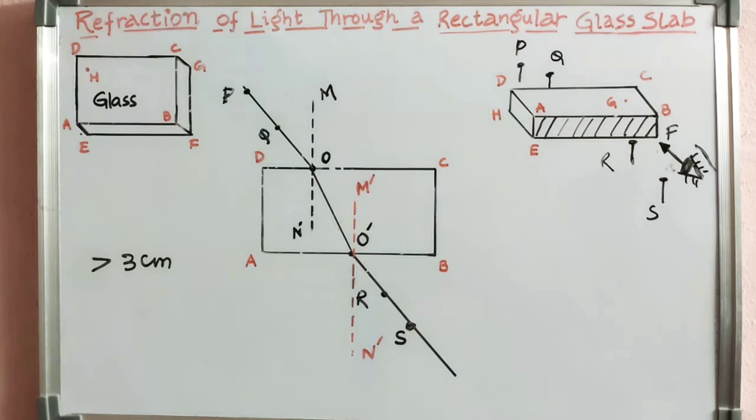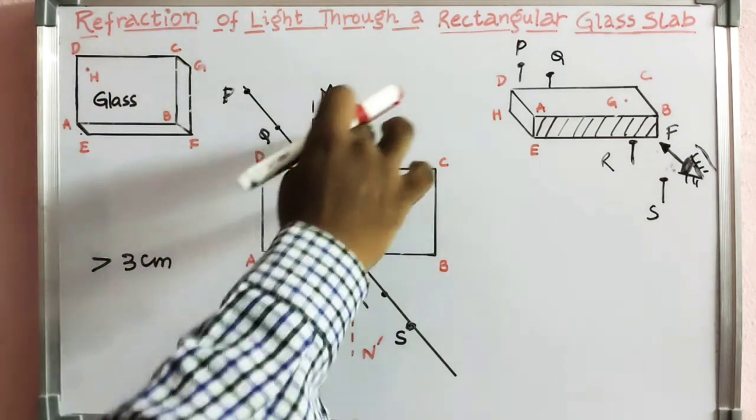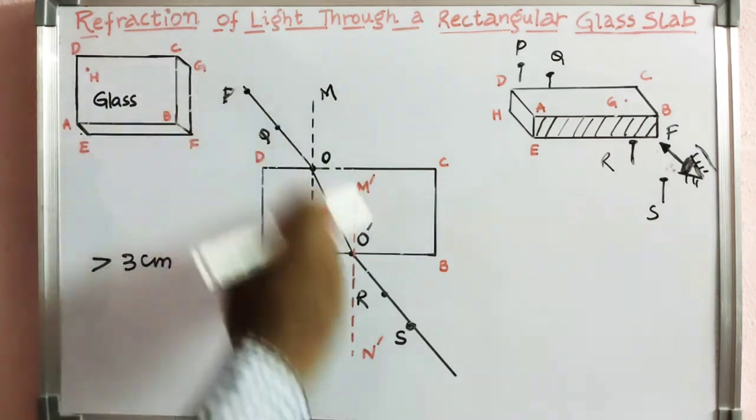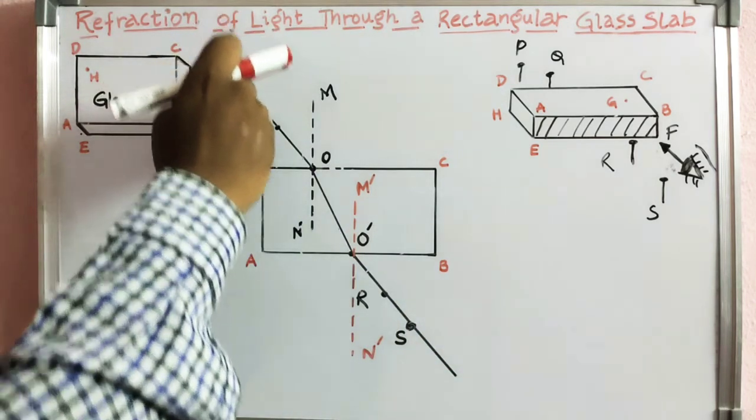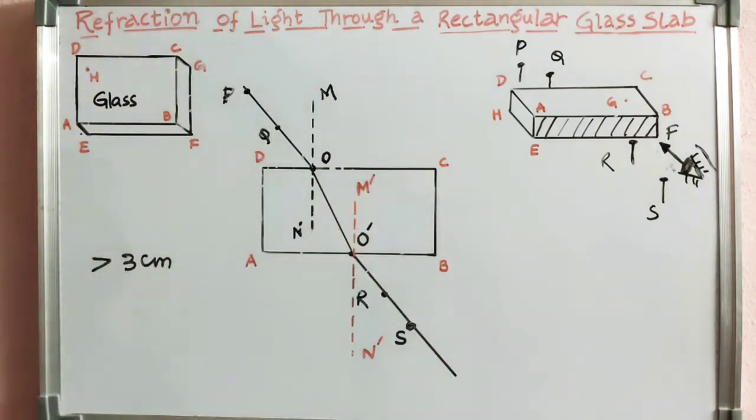See here, what does this ray indicate? You have seen all the pins in a straight line, meaning the light from all the pins. This line is nothing but how the light travels through the glass slab.